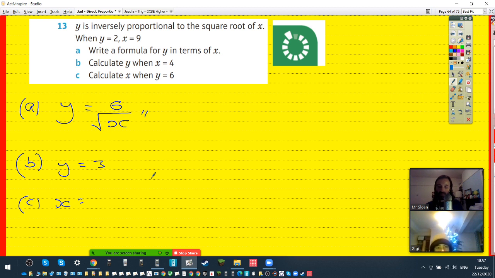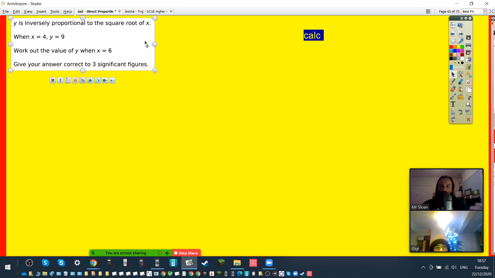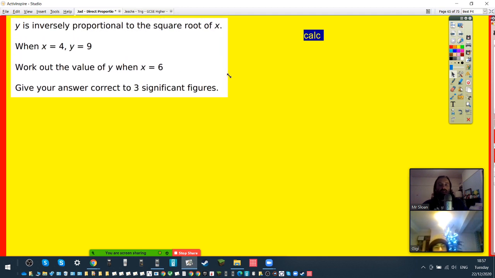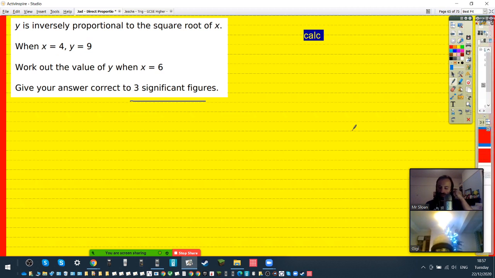It's 1. Yep. Well done. All right. So, exam question, and it says correct to 3 sig fig, so it's not going to be a nice answer.